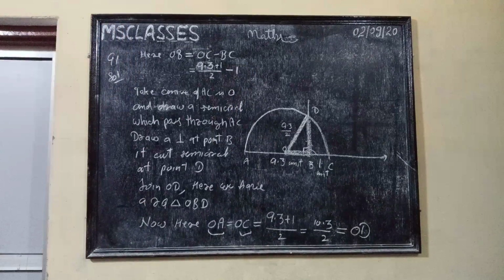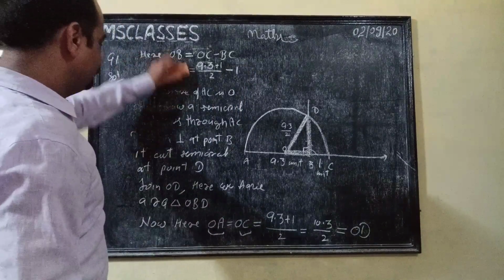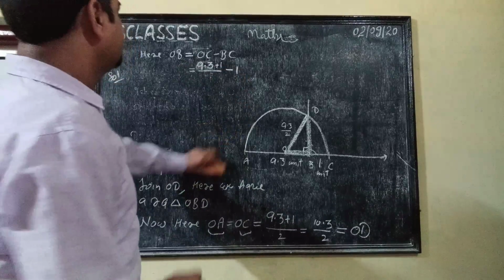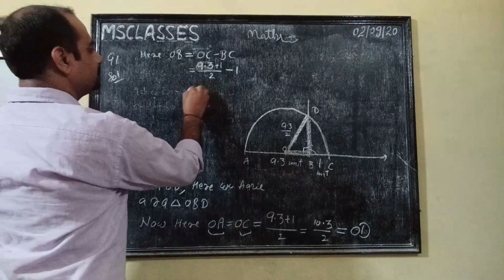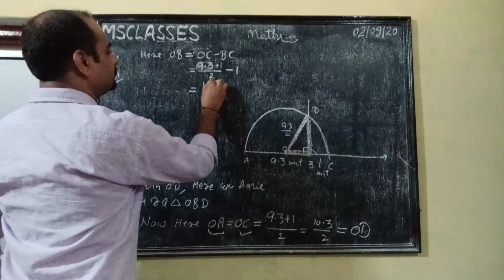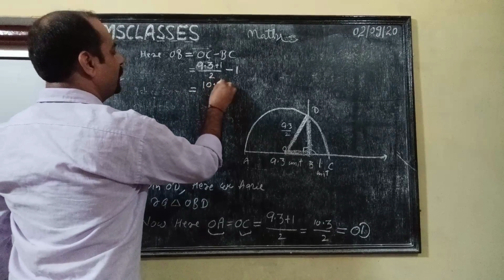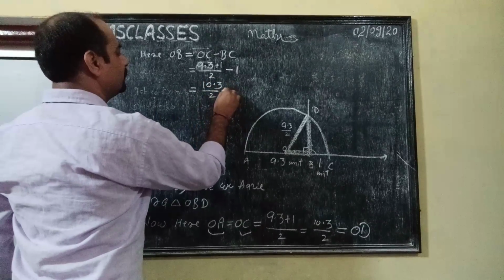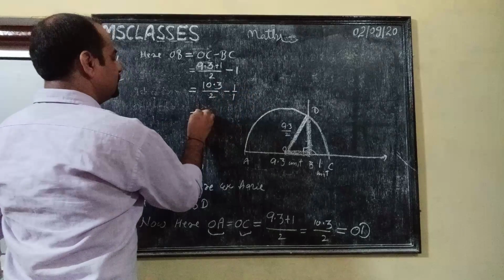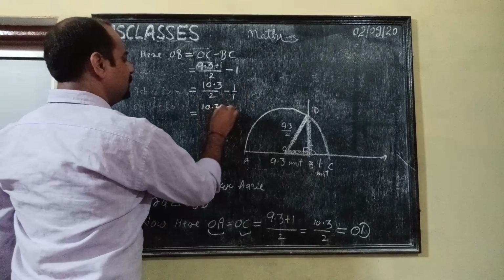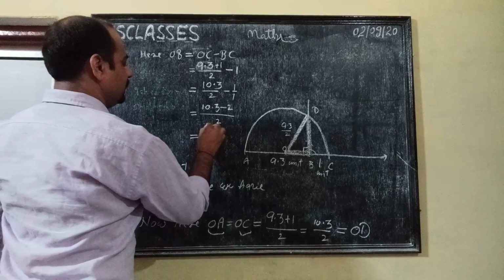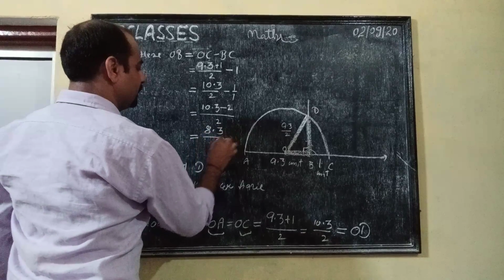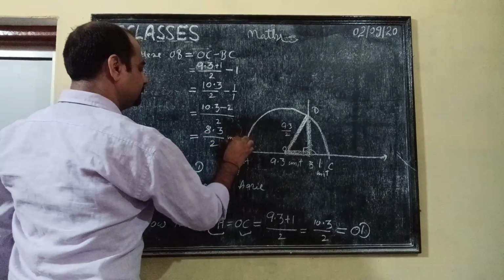After solving this, we have 10.3 over 2 minus 1, and this is equal to 10.3 minus 2 over 2, 8.3 over 2 unit.